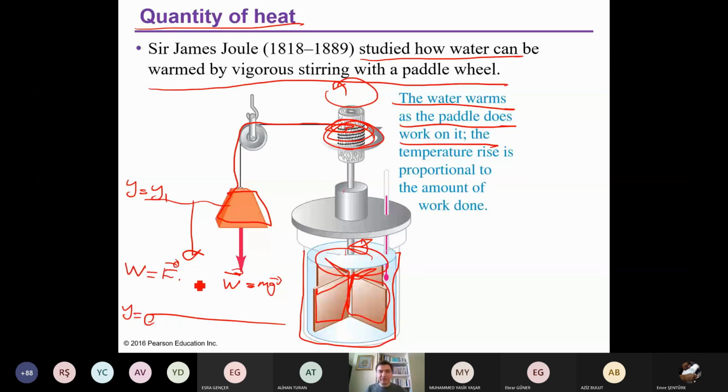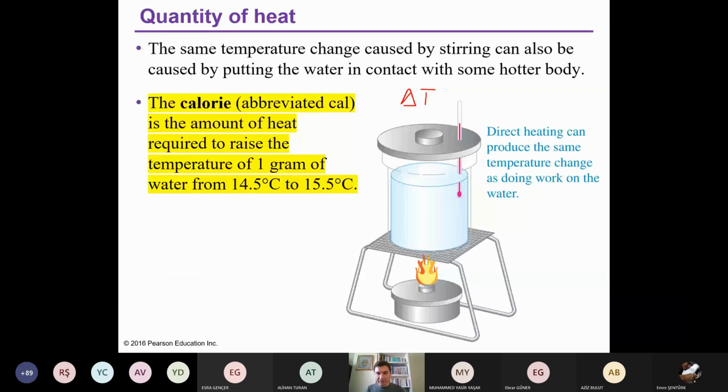Then the force is given with this one, the displacement is this one, and then we have the work, okay? So the water warms as the paddle does work on it. The temperature rise is proportional to the amount of work done. If you put here a temperature source, okay, then you can also produce the change in the temperature. So here we have a definition.